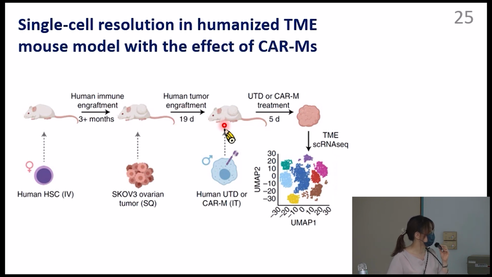And then administer the CAR macrophage in these mice. Okay, and then they harvest the whole tumor mass to do the single cell RNA sequencing.